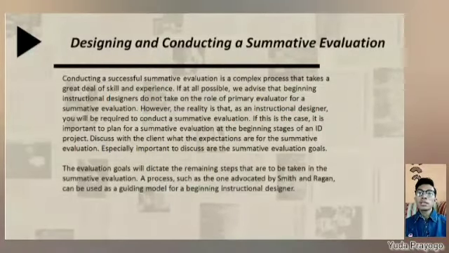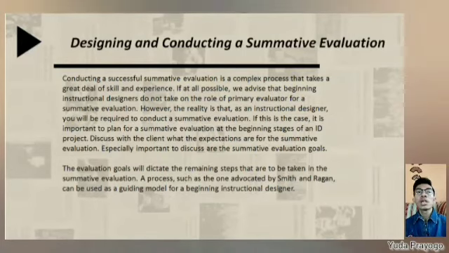Designing and conducting a summative evaluation. In an ideal situation, the instructional designer would be directly involved in designing the summative evaluation, but would not be responsible for conducting it. The evaluation would be conducted by an evaluator outside of the organization that contracted the ID project.